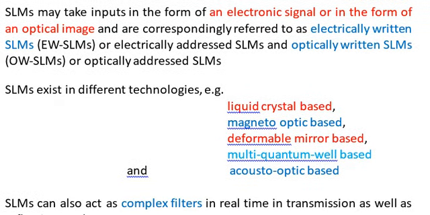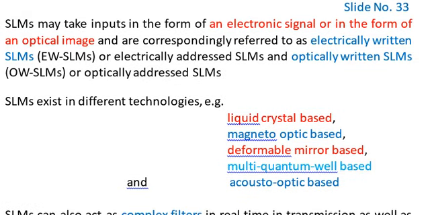Now SLMs may take inputs in the form of an electronic signal or in the form of an optical image, and are correspondingly referred to as electrically written or electrically addressed SLMs, and optically written or optically addressed SLMs. SLMs exist in different technologies, for example liquid crystal based SLMs, magneto-optic based SLMs, deformable mirror based SLMs, multi-quantum well based SLMs, and acousto-optic based SLMs.